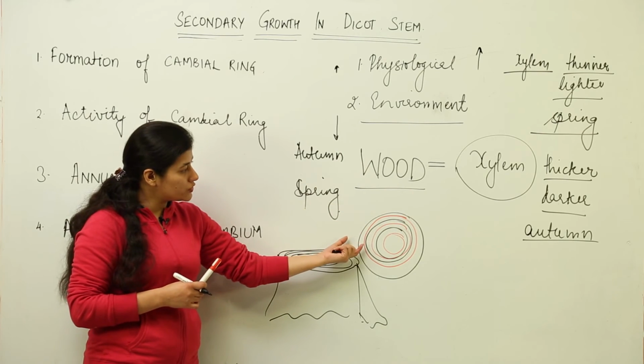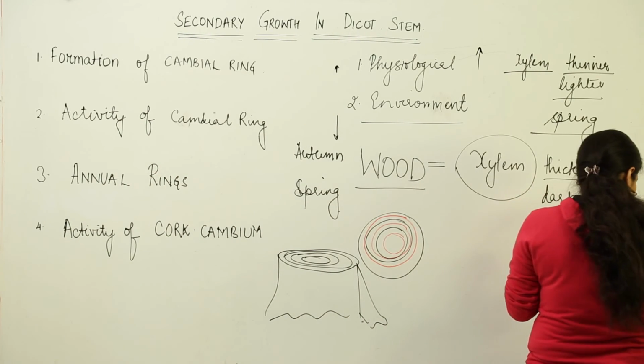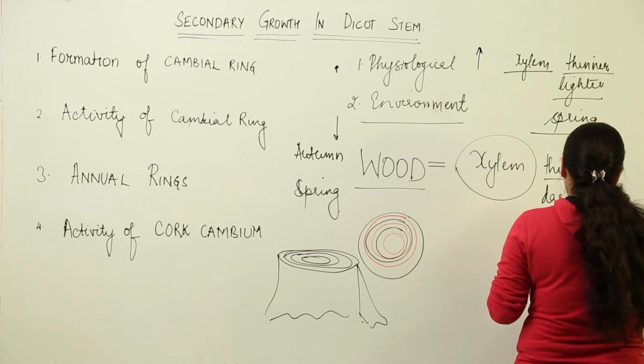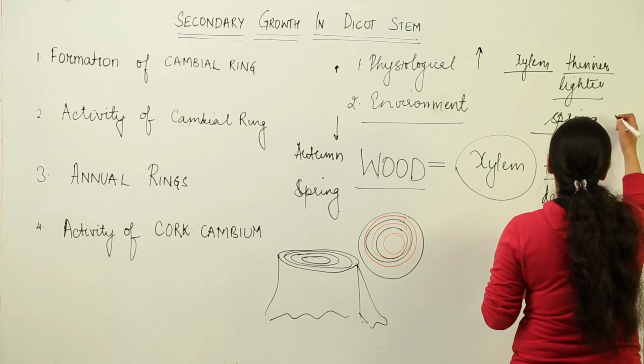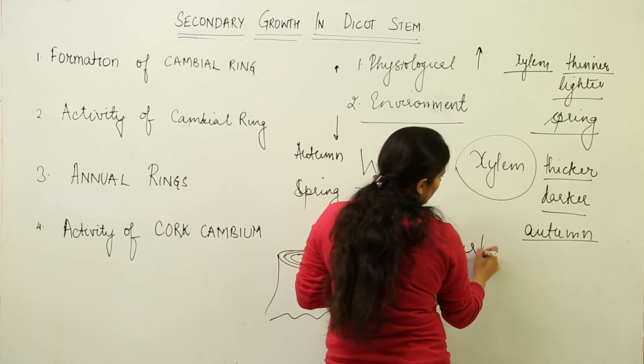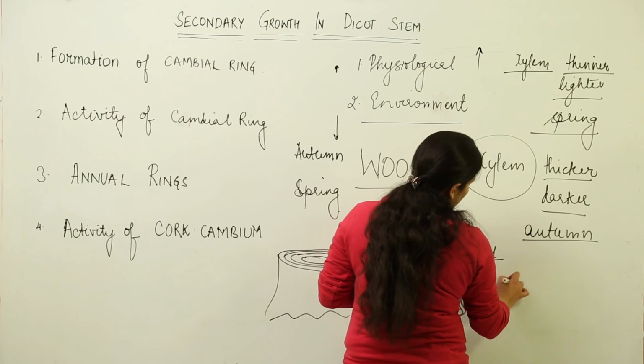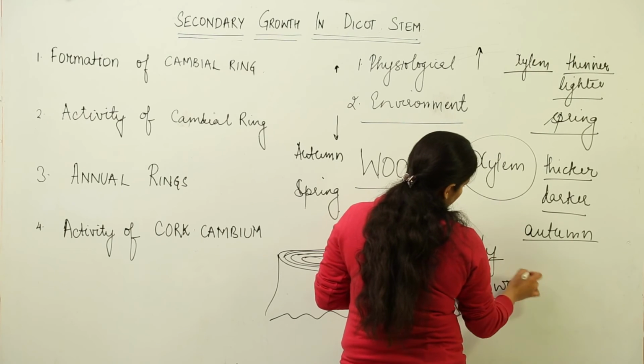That is what we have to discuss, that there is autumn wood as well as spring wood present. This spring wood is otherwise known as early wood, and this autumn wood is known as late wood.